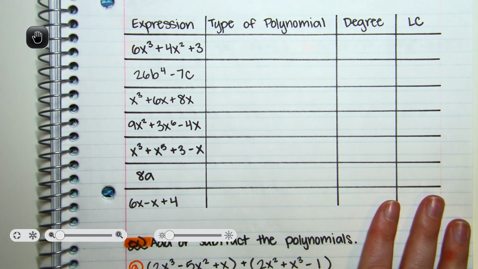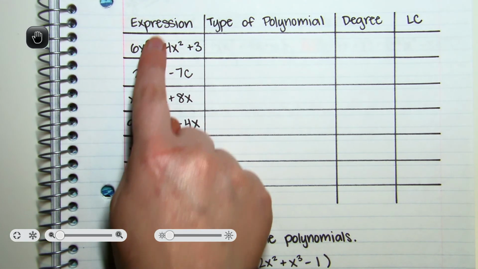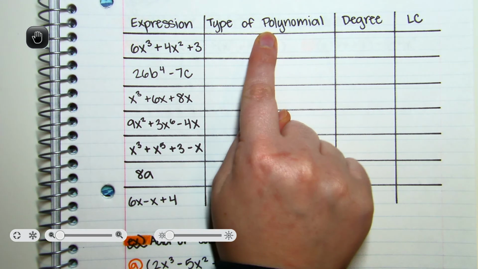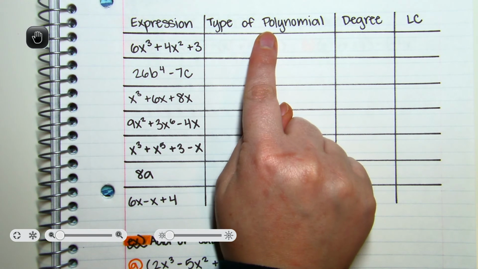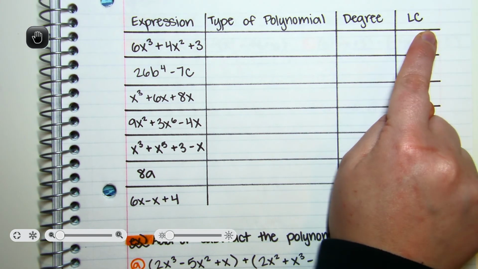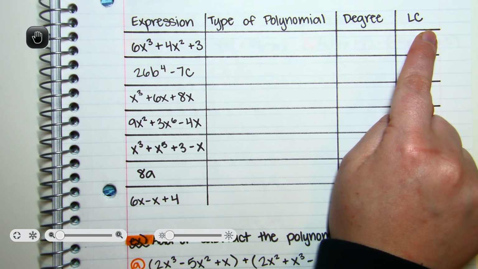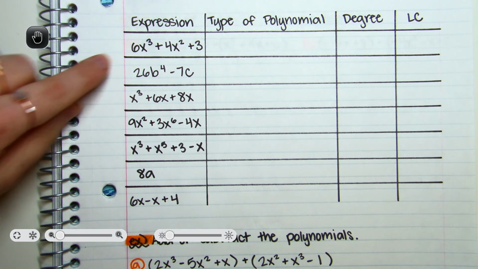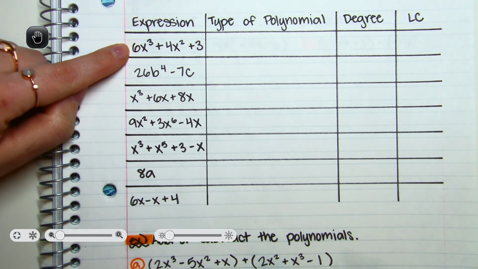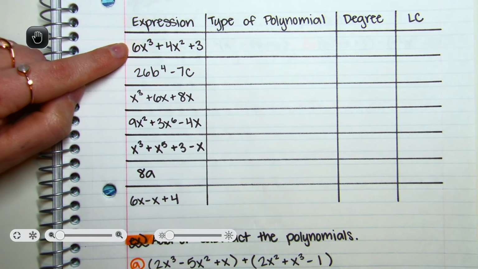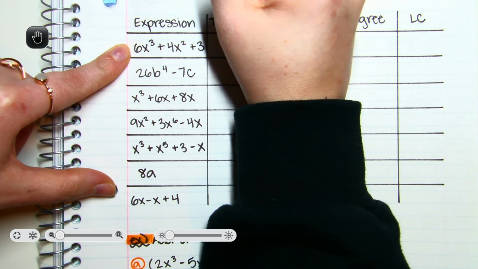But in this chart, we have the expression that we're given. I want you to label what type of polynomial it is, what degree it is, and what the leading coefficient is. So I'm going to do a few of these with you and then have you fill in the rest. So the first one has 3 terms. Since it's 3 terms, that means it is a trinomial.